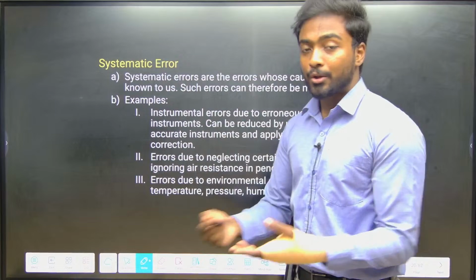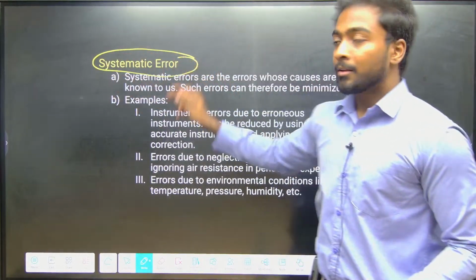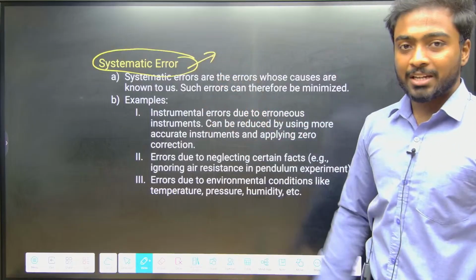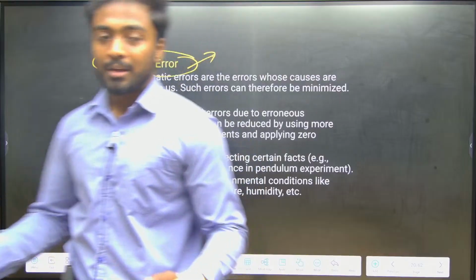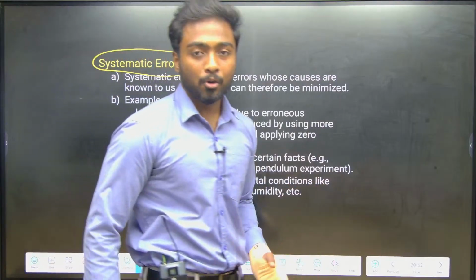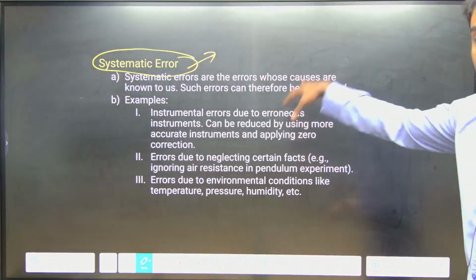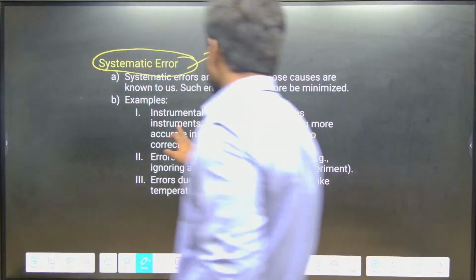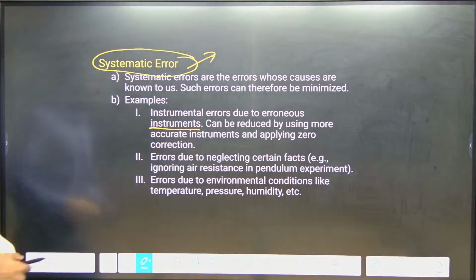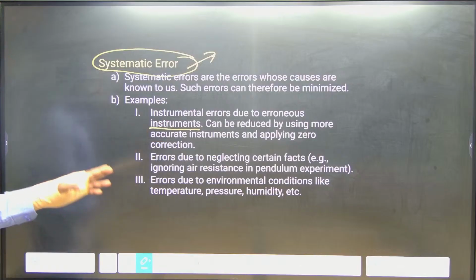That knowingly you are making a mistake, that is called systematic error, which means a human mistake, like his mind has been disturbed with some other thing, due to that he is making more mistakes. Example, now based on physics, instrumental errors can be reduced by using a more accurate instrument and applying zero correction.